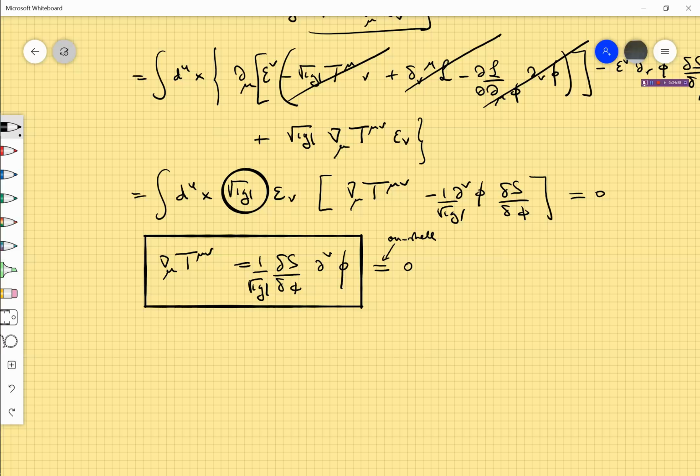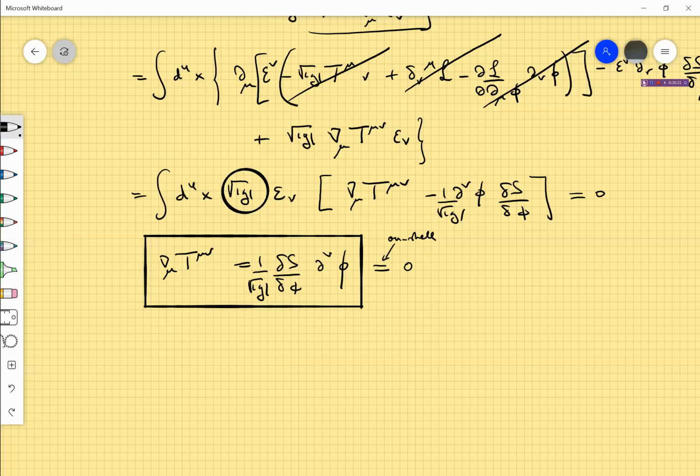And while we cannot say that this is a conservation law, it is related to it, because it certainly reduces to a conservation law when we consider the fields in a trivial gravitational field, so there is no interchange of energy with the gravitational field.